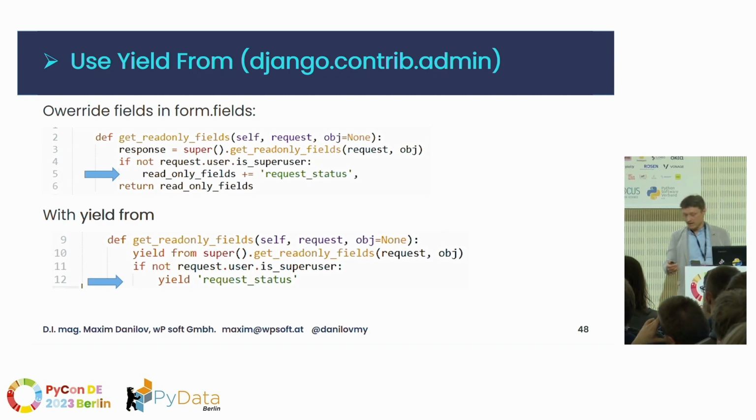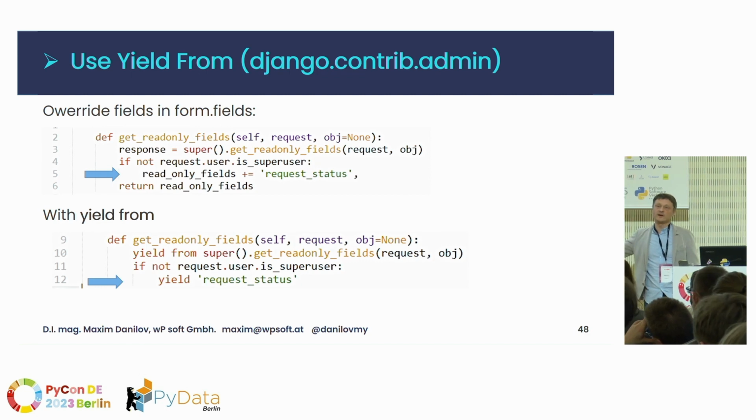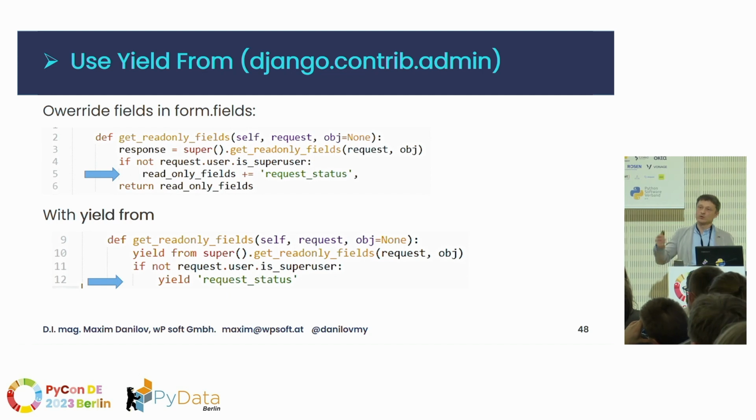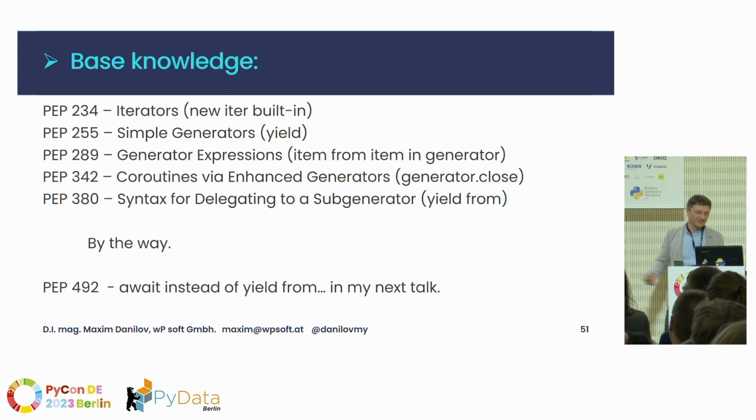Code is shorter, and it works. But the problem is, if we use the result from this function more than once, it doesn't work. We should check other libraries in our code. The profit is short, clear, fast. I don't know, probably it's faster.